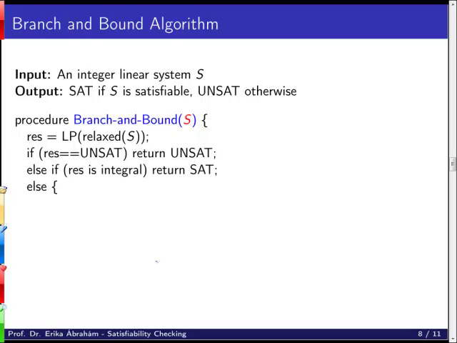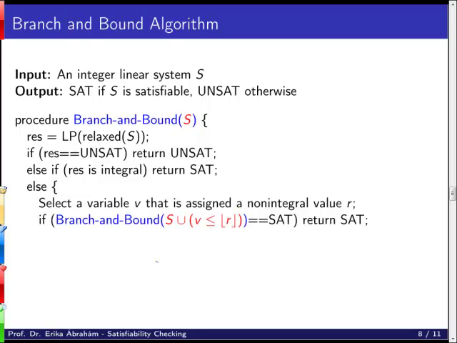The more complex case is if simplex tells us that there is a solution. If this solution is integer, then I'm also done. And if it is not an integer, then I select one dimension where the current assignment value is not an integer, and I split, I branch.